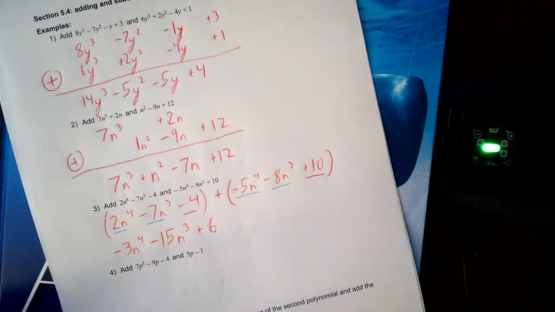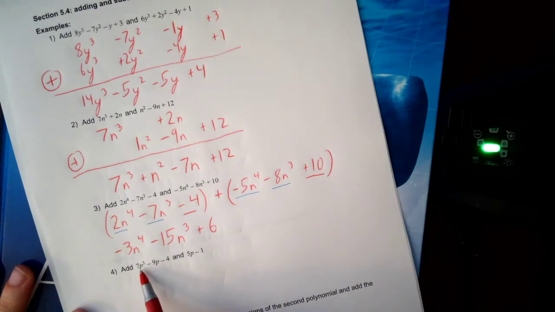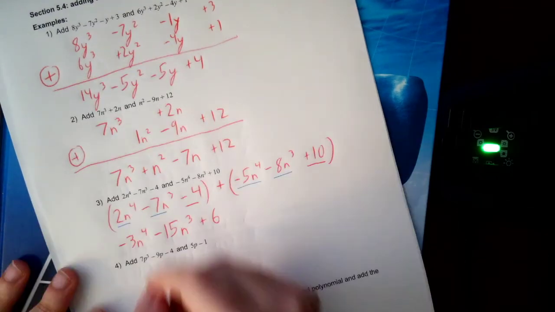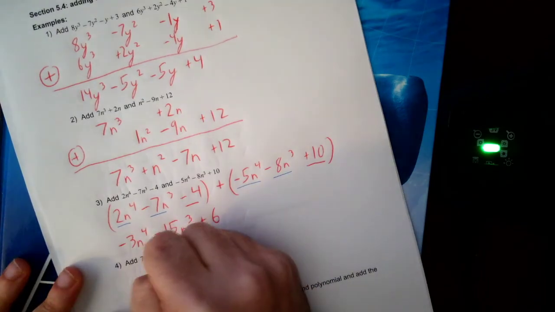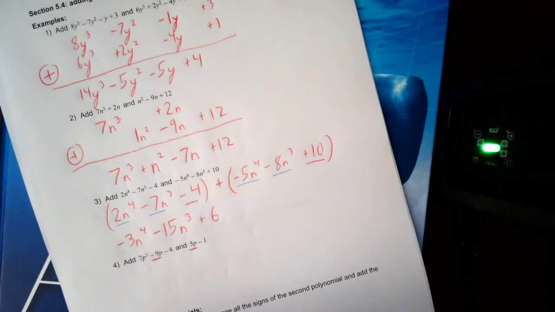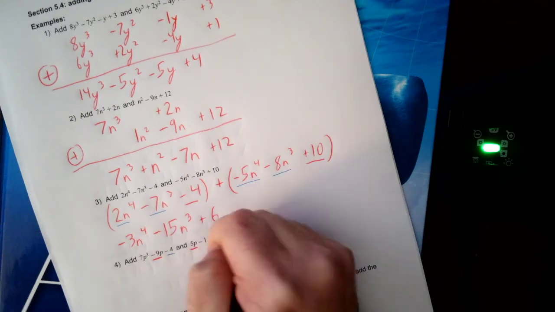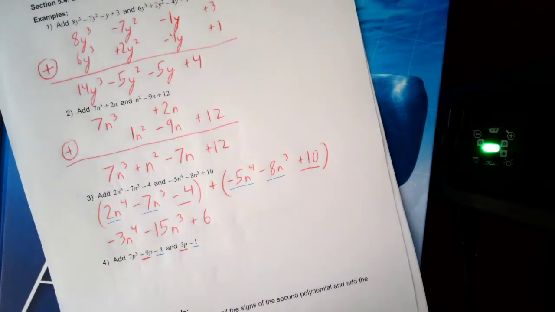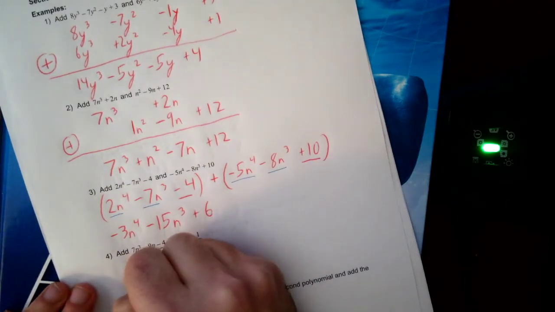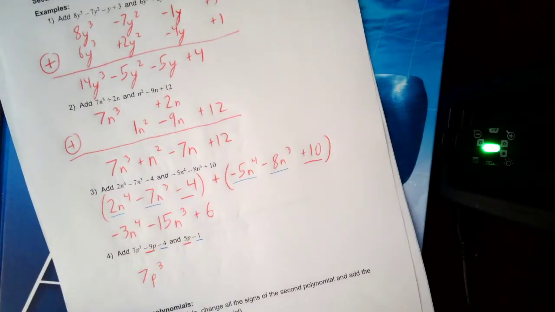And then same thing for my last example. If I have to add 7p cubed minus 9p minus 4 and 5p minus 1, well, I only have like terms on the p's and the constants. So I already know the 7p cubed will be left alone.